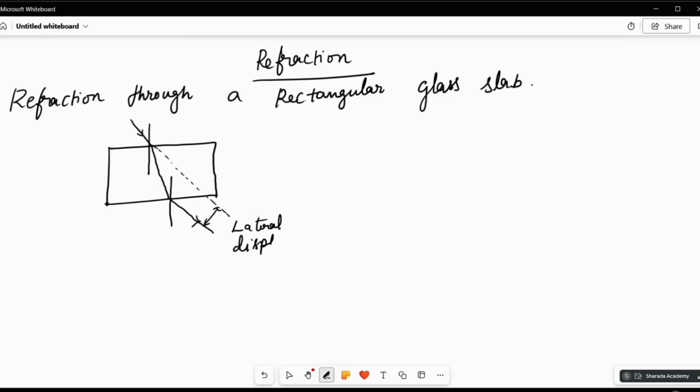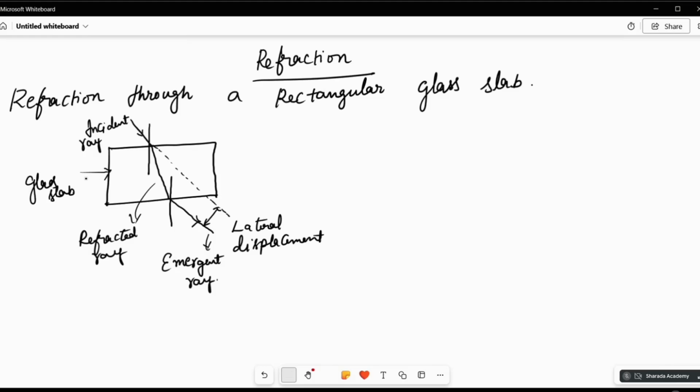Lateral displacement. And write down the diagram. Okay, here this is a glass slab, denser.